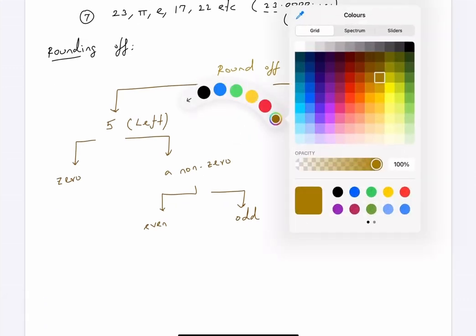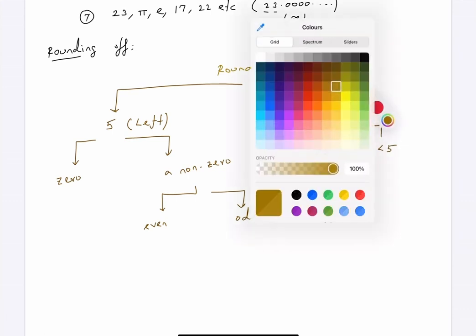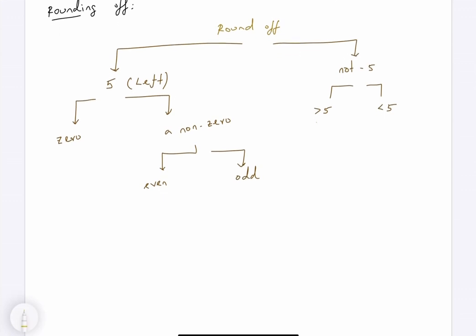Now let's discuss each. If it's not 5, and let's say the digit is greater than 5, which means 6, 7, 8, and 9, what do you do? You add 1 to the left digit, then kill and go.